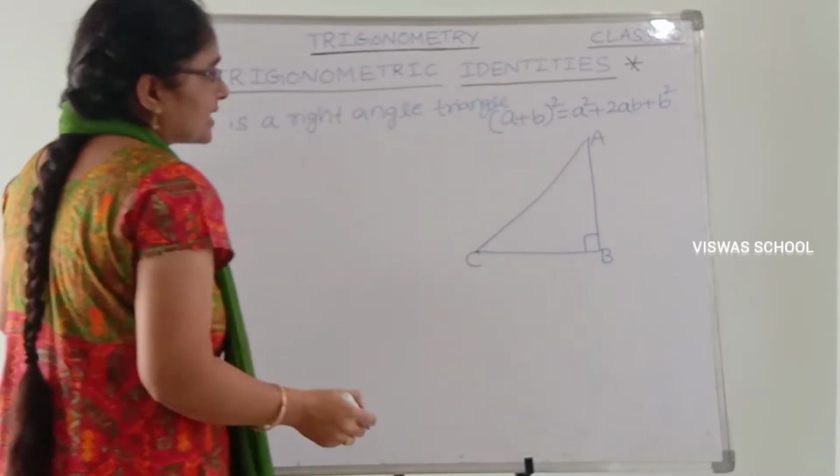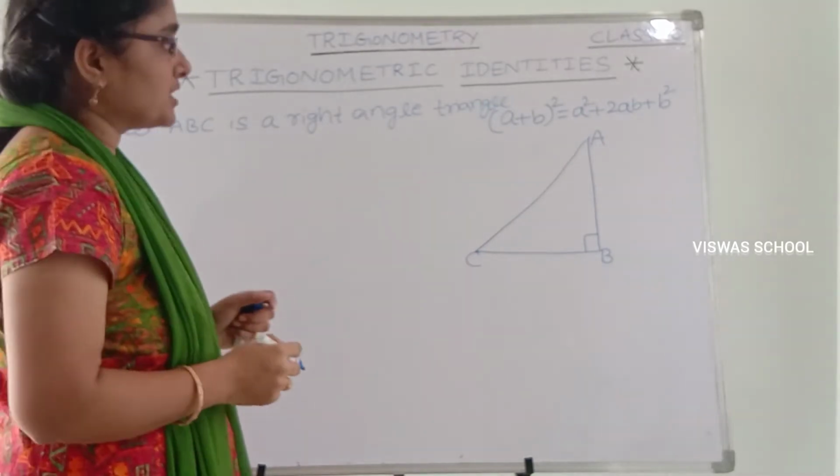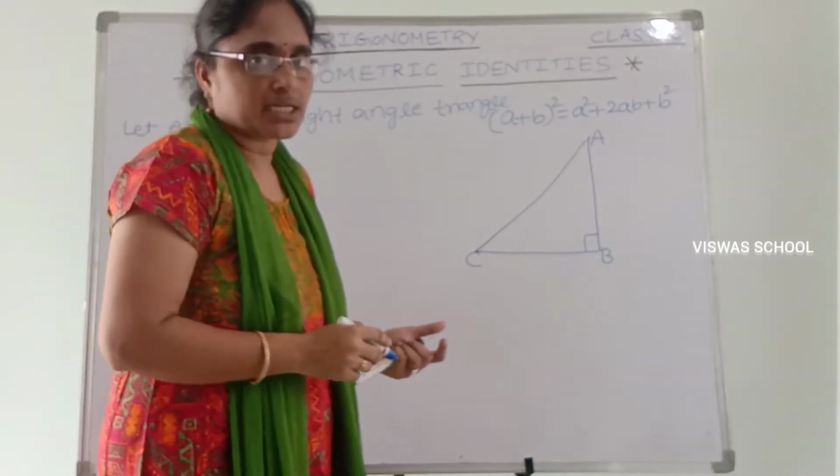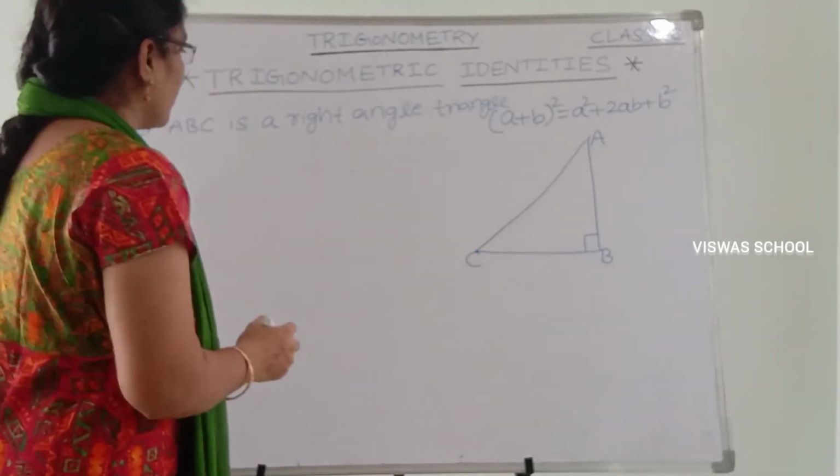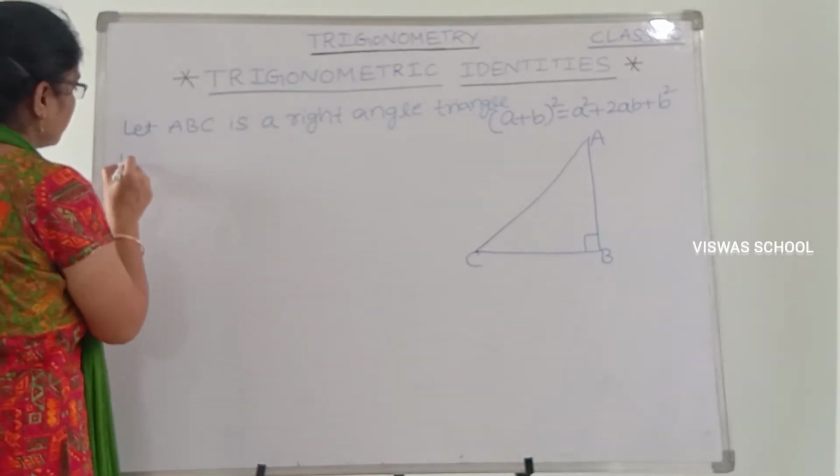From this right angle triangle, we derive the trigonometric identities. To derive them, here I am using what? Pythagoras theorem.